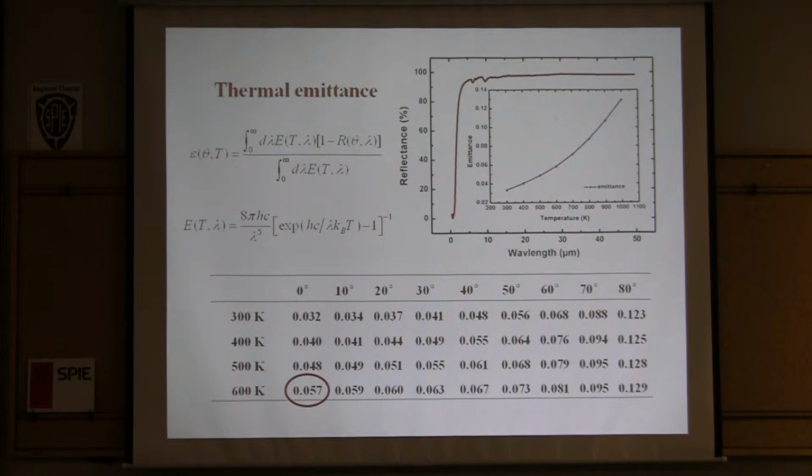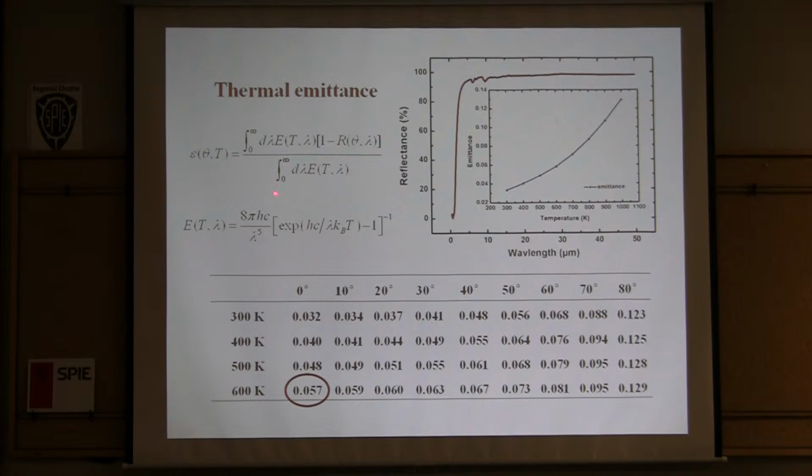I mentioned we not only have to get very high absorption, but also very low thermal emittance. Emittance is calculated by this equation: one minus reflectivity.